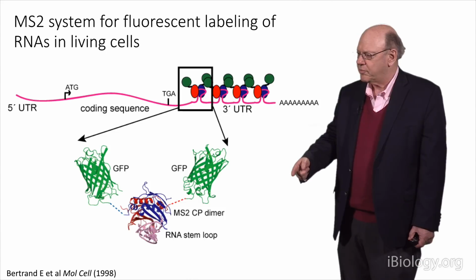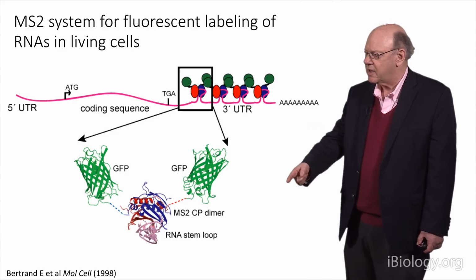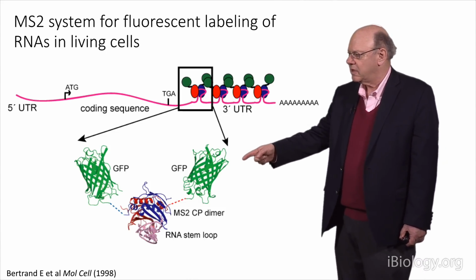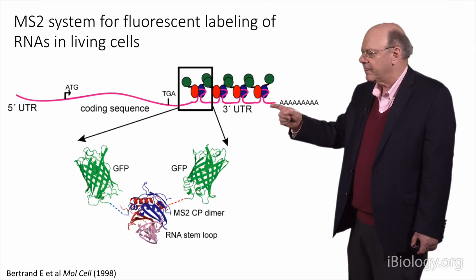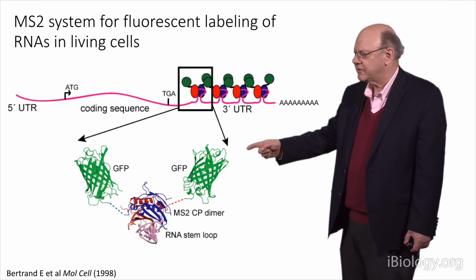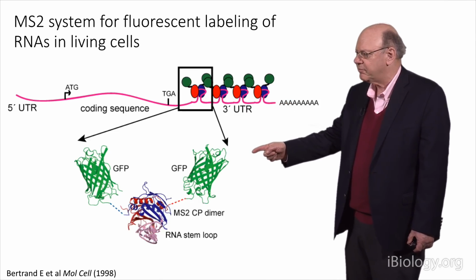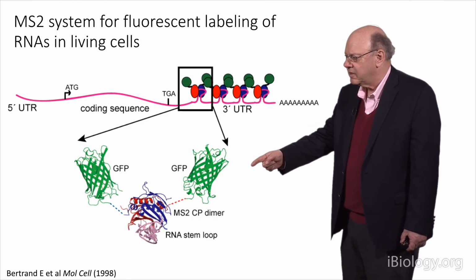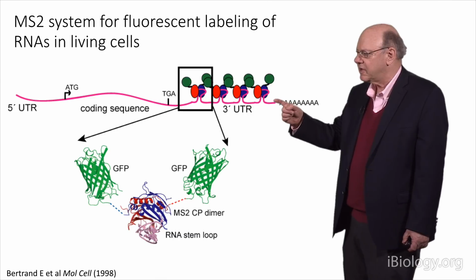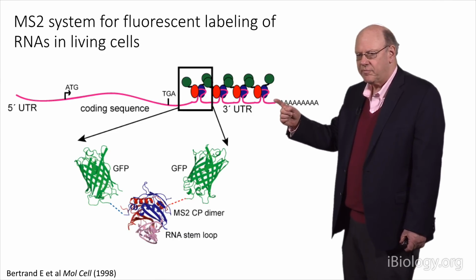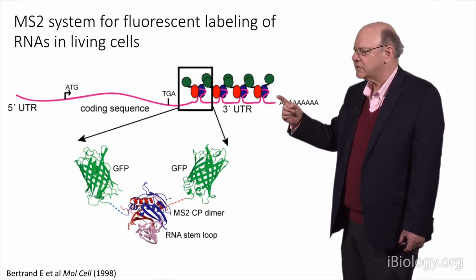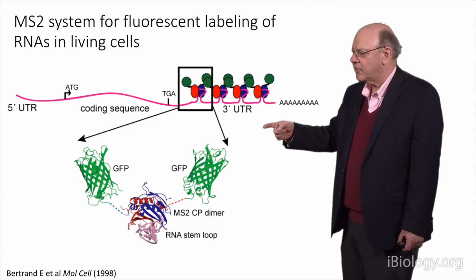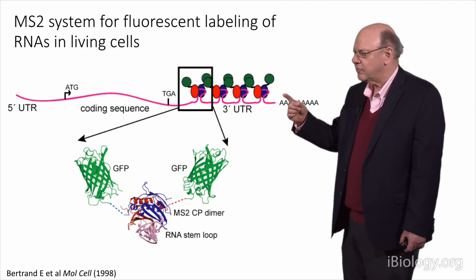And we use the coat protein, which binds as a dimer to the RNA, and fuse that to a fluorescent protein, GFP, so that when the capsid protein from the bacteriophage binds to its sequences that we put into the RNA of interest, it carries with it these fluorescent tags.